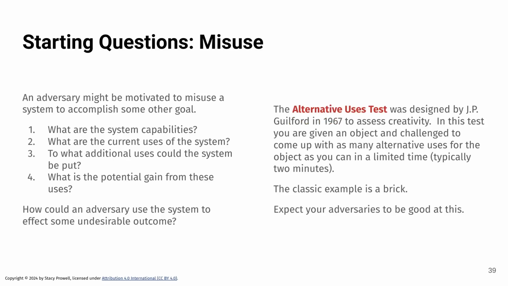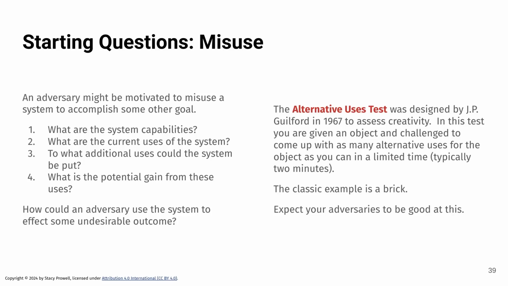Another question, misuse. An adversary might be motivated to misuse the system to accomplish some goal. And so we then have to ask a question, what can our system do? And what are the current uses of the system? Why did we build this, right? What does it do? What additional uses could the system be put to, right?